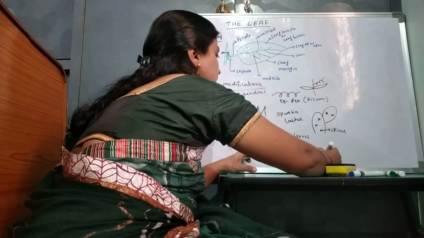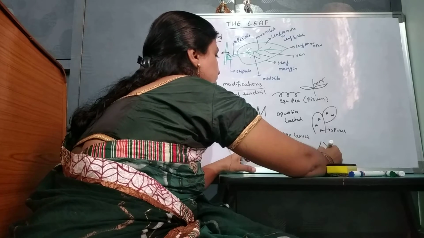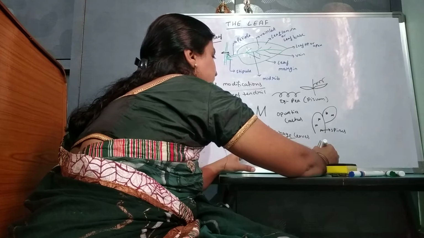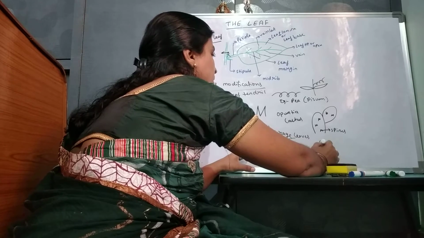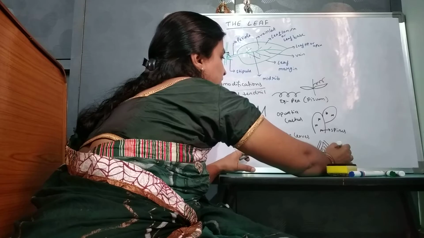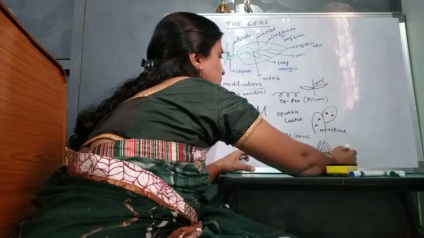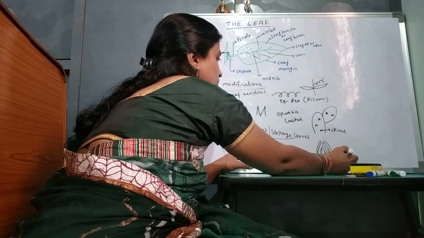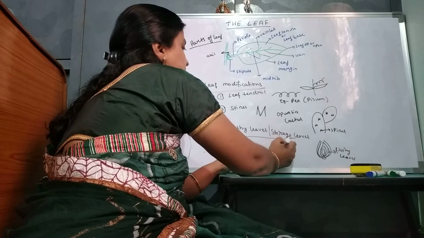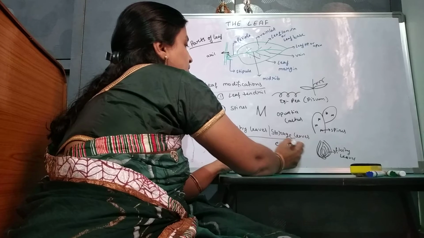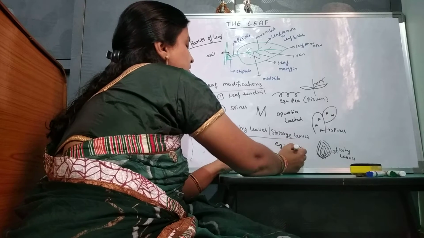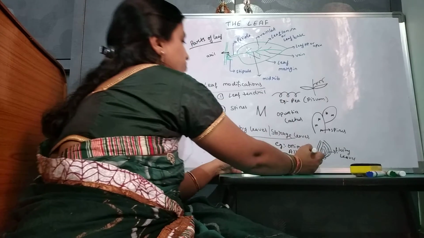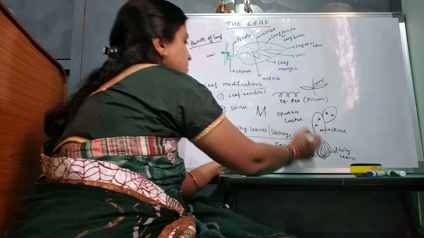Example is the onion. These are the leaves which store the food materials. Fleshy leaves. Example, onion. What is the scientific name? Allium cepa. This is about fleshy leaves.